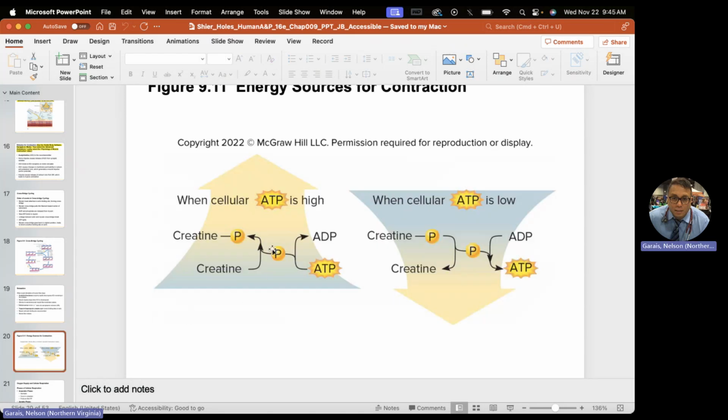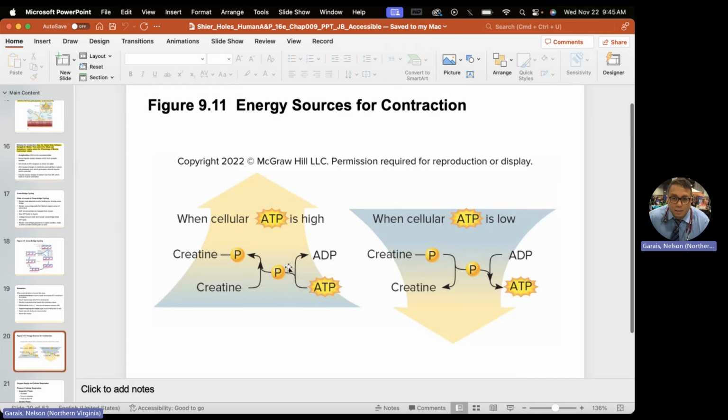You could also see now why all the bros in the gym keep on eating tons of creatine powder, because somehow they think that it will convert their ADP to ATP more efficiently.